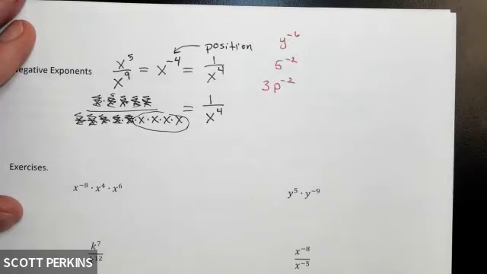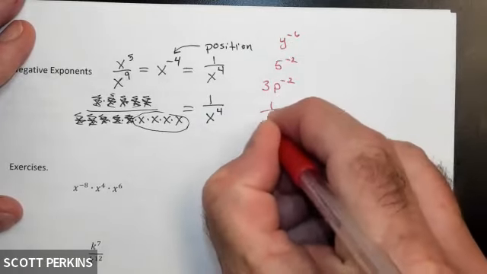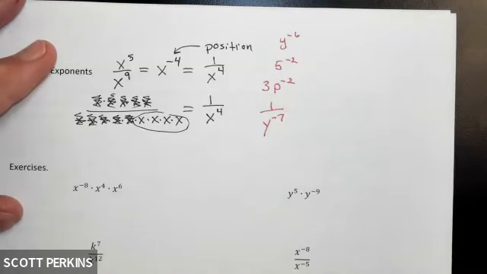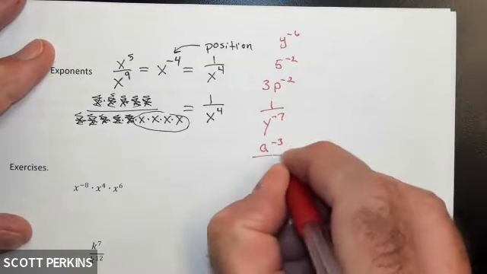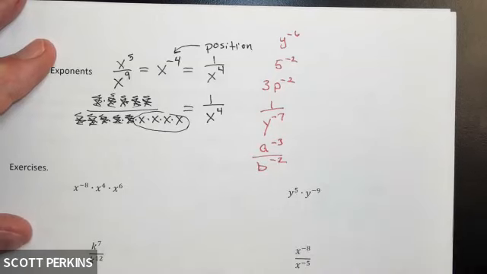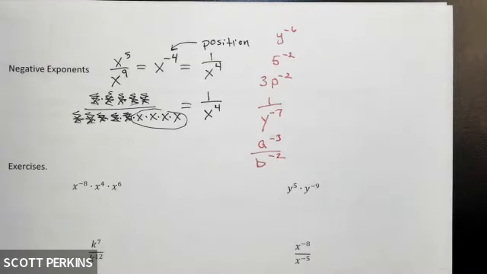Be careful on that one. 1 over y to the -7, and then a to the -3 over b to the -2. Okay, so give each of those a try at simplifying, and simplifying means you're getting rid of the negative exponents.